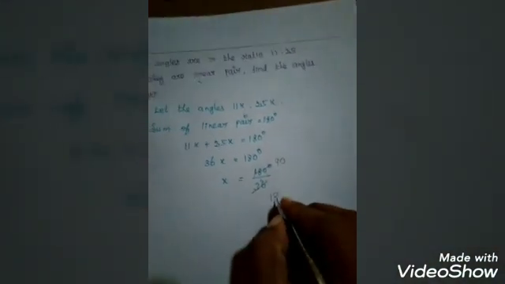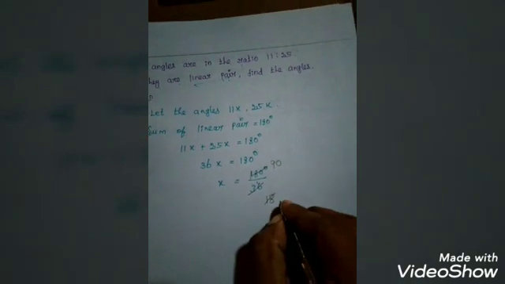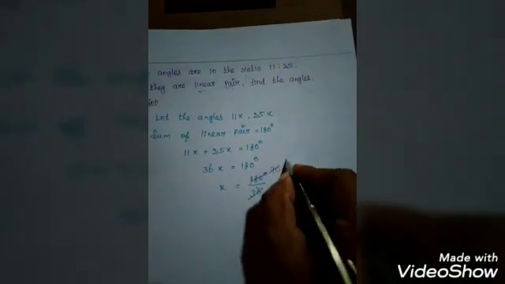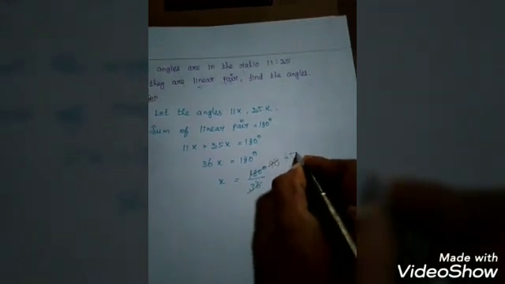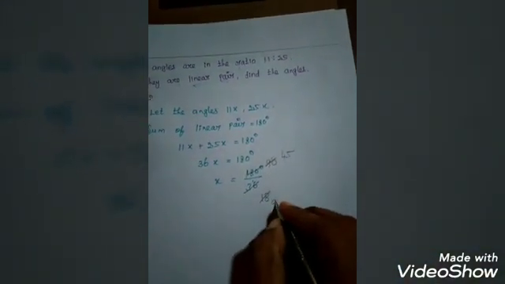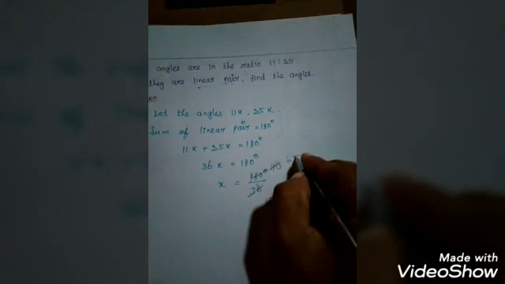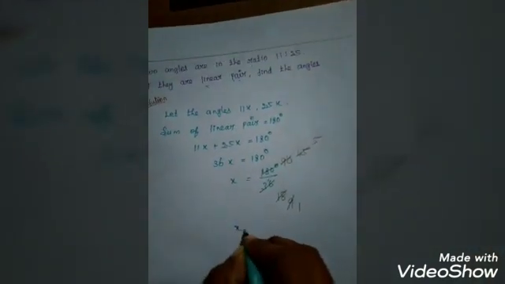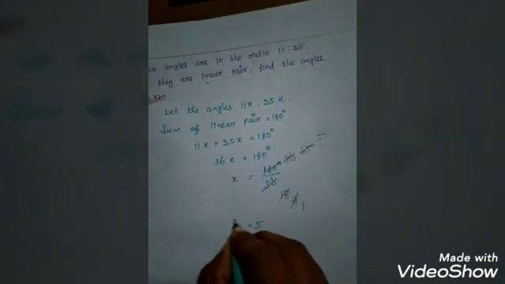Again cancel the 2 table. 9 twos are 18. 4 twos are 8, balance 1. 5 twos are 10. Again cancel with the 9 table. 1 nine is 9. How many 9s are 45? 5 nines are 45. So the answer is x is equal to 5.